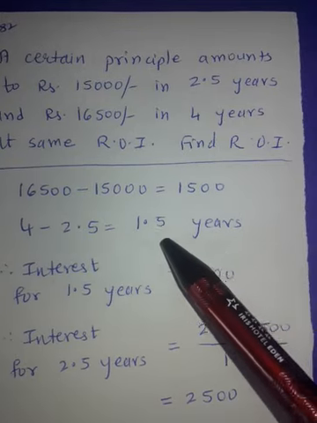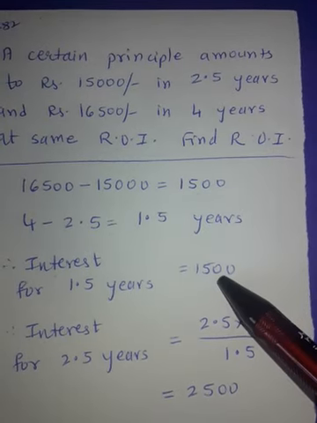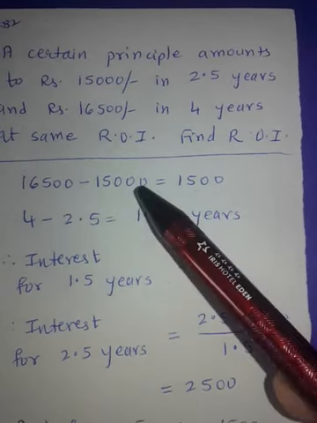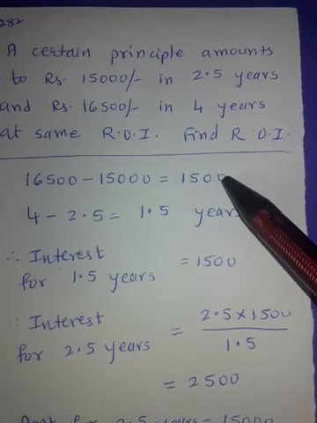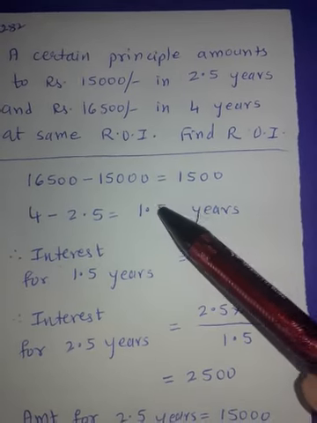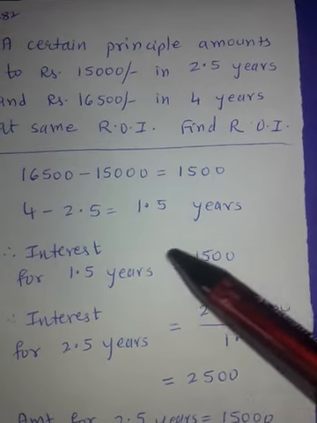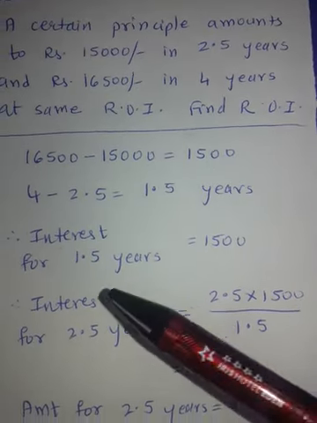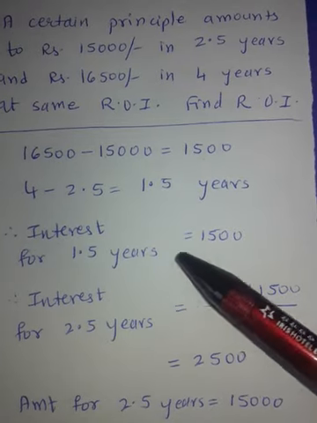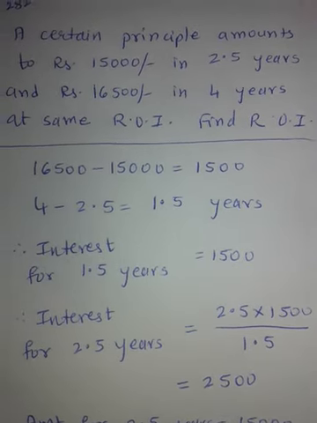So for this 1.5 years, interest is going to be 1,500. The difference between the amounts is going to be the interest for this particular period. Please watch clip 1, you will understand it immediately. So interest for 1.5 years is 1,500.